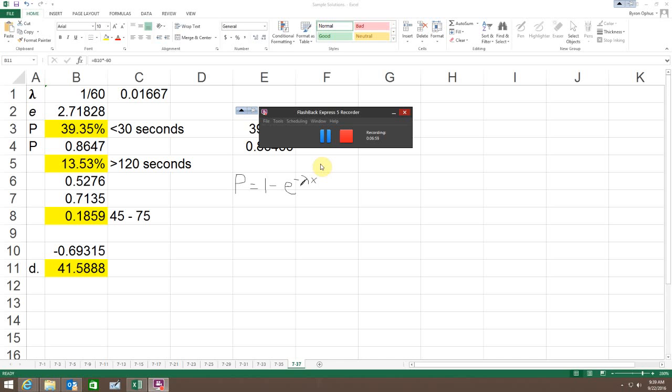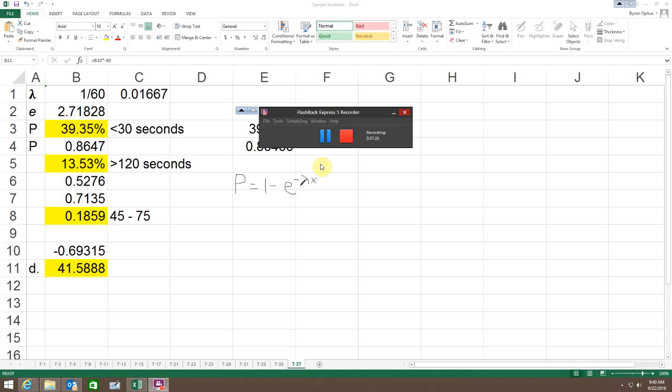In this case the natural log, which we've done, is equal to negative 1 over 60 in our case, because 60 is our mean. They've got 4,000 for their mean in their example, times x, and x, of course, being what we're looking for. So in our case, the natural log is going to be equal to minus 1 over 60 x.